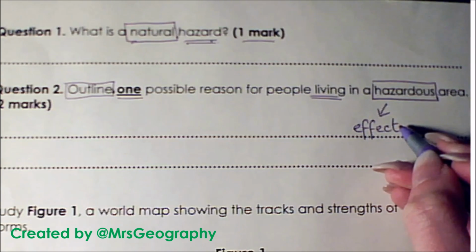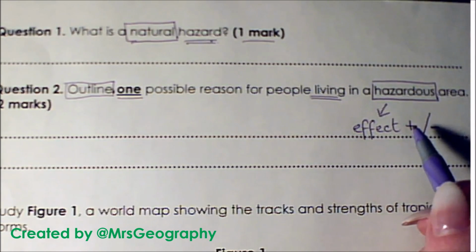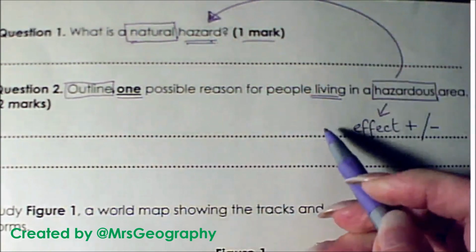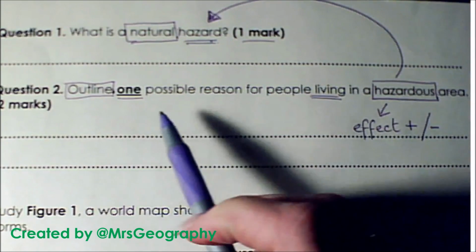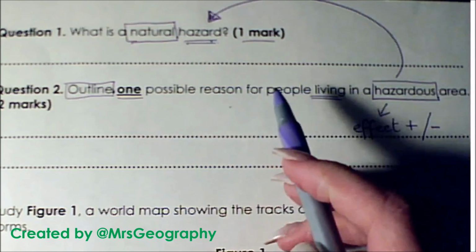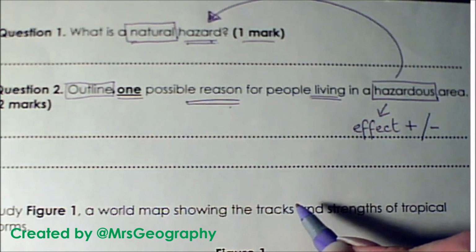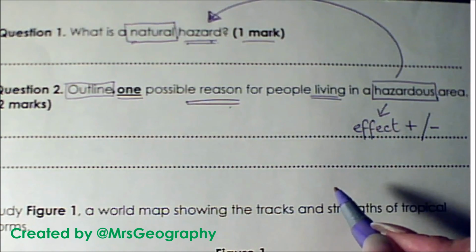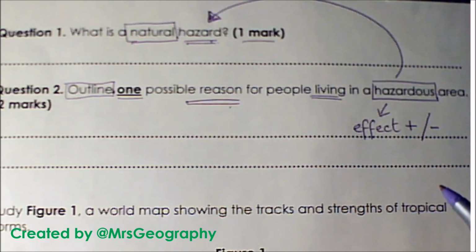Now, the effect could be positive, it could also be negative. But we're thinking about in terms today of natural hazards. Okay, for example, weather hazards. So, 1 possible reason. So think about why someone would want to live in an area that has a particular hazard, a natural hazard, like a weather hazard.